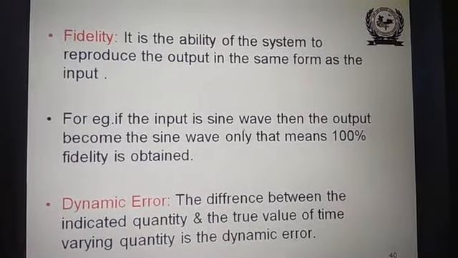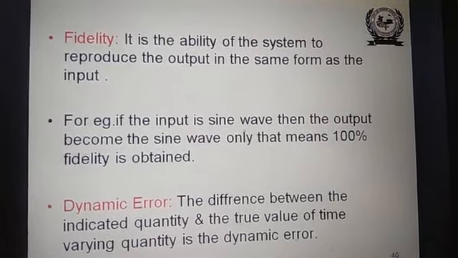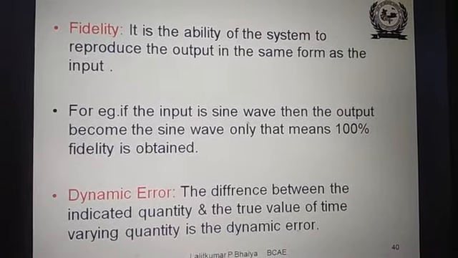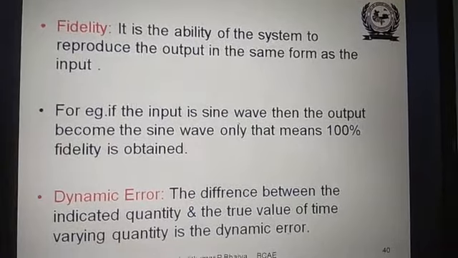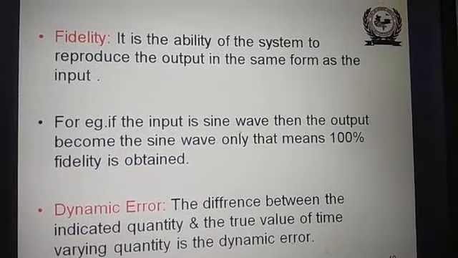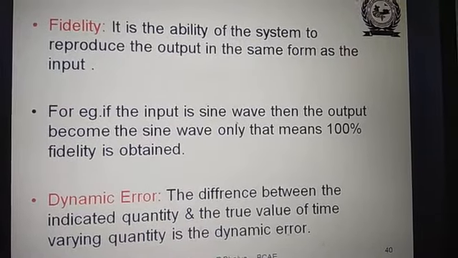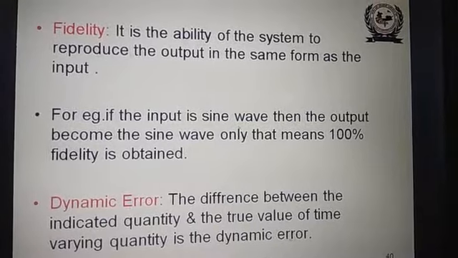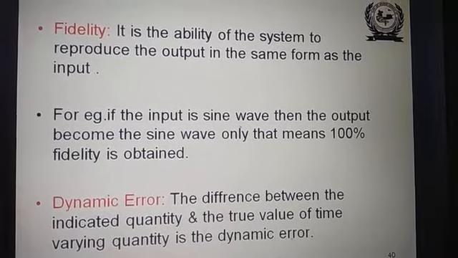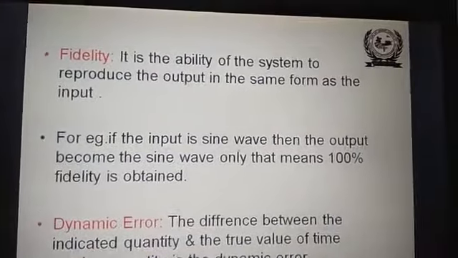We know that we write hi-fi. High fidelity. Hi-fi means high fidelity. So fidelity is the ability of the system to produce the output in the same form as the input. For example, if the input is a sine wave, then the output becomes a sine wave only.